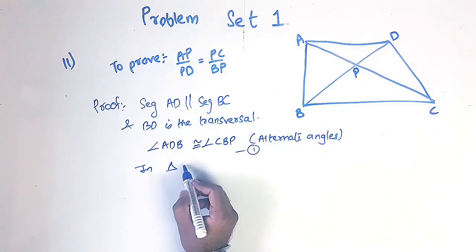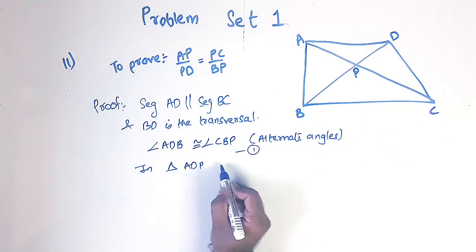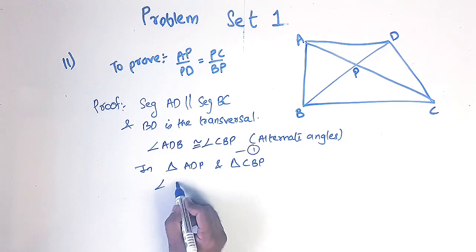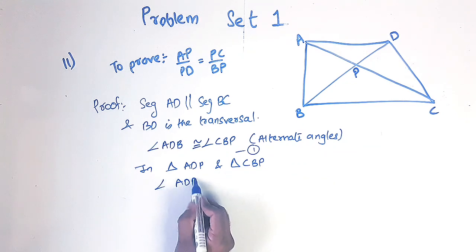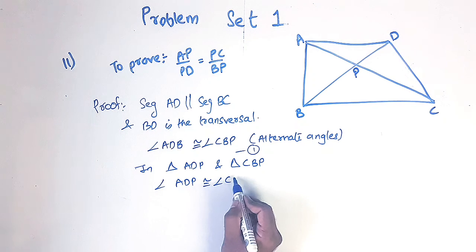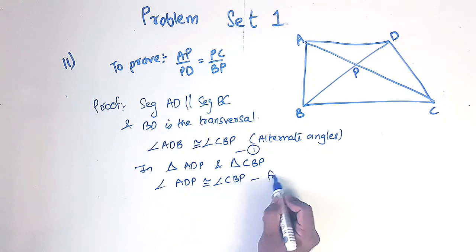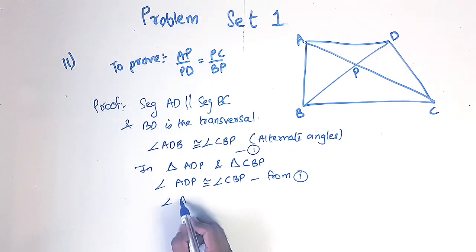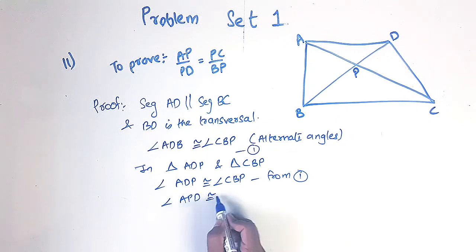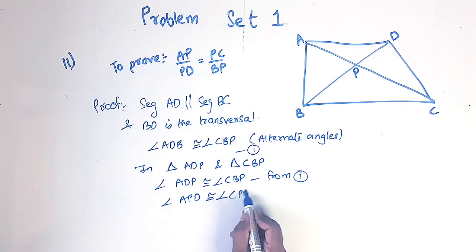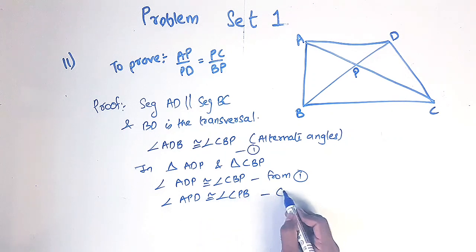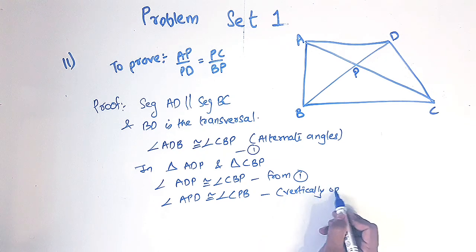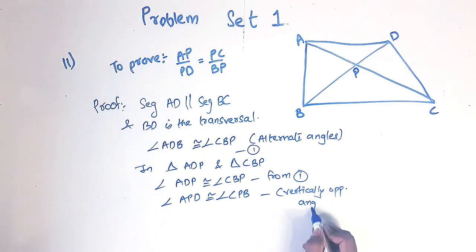I am taking now triangle ADP and triangle CBP. Angle ADP is congruent to angle CBP. This is from 1. And angle APD is congruent to angle CPB, they are vertically opposite angles.